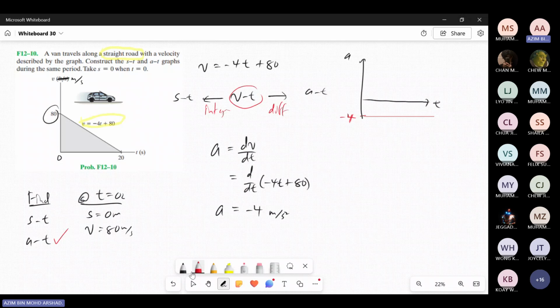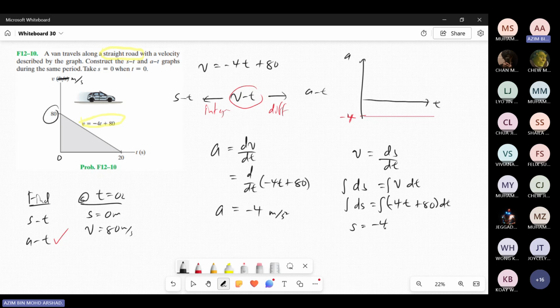And for the st graph, we will do the same, but we need to integrate. So v equals ds/dt, and we bring the dt to this side, we get ds equals v dt, and we can integrate both sides. ds equals the integral of negative 4t plus 80 dt, and we'll have s equals negative 4t squared divided by 2 plus 80t plus c.